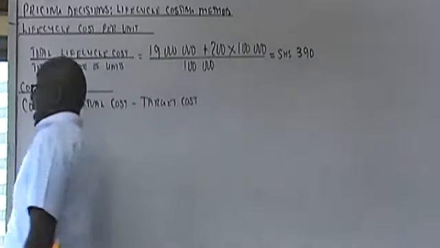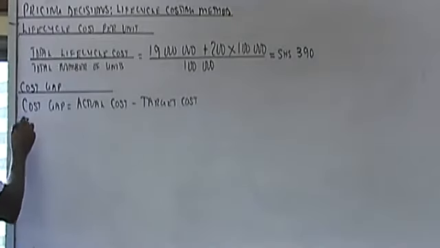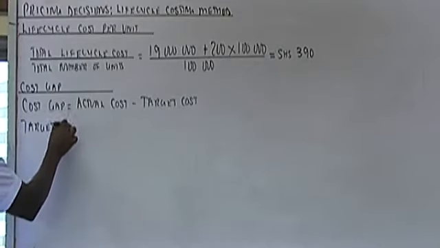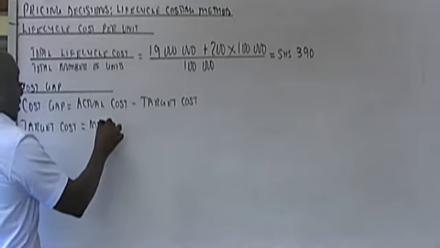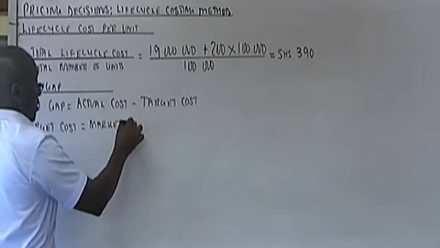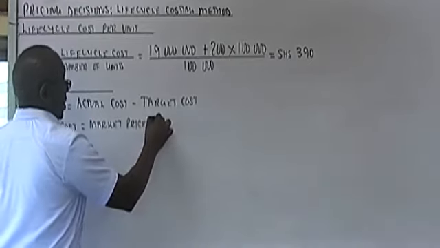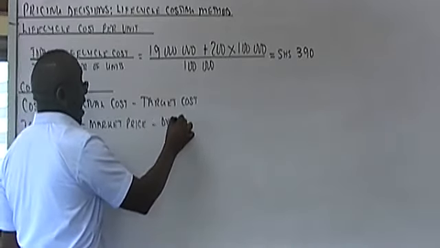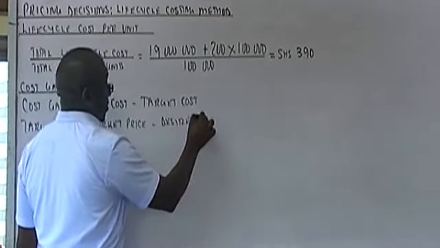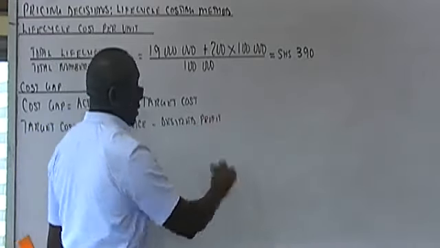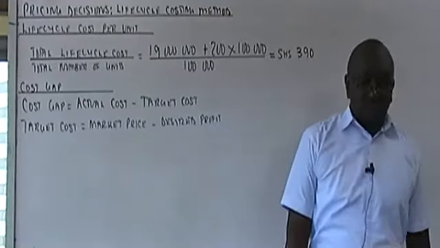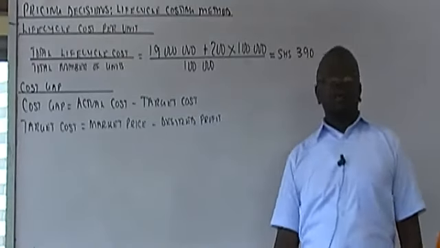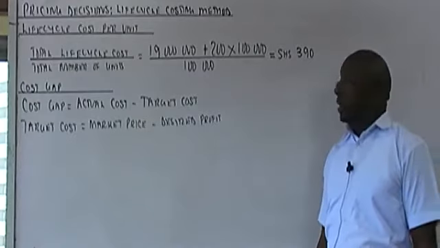How do we get target costs? Target costs is equal to market price minus desired profit.